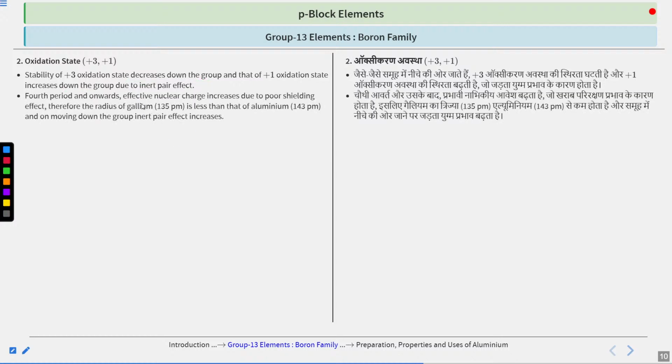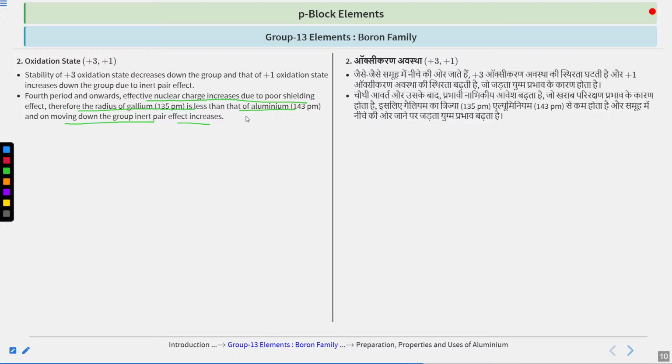Now fourth period onward, effective nuclear charge increases due to the poor shielding effect. Therefore, the radius of gallium is less than that of aluminium.